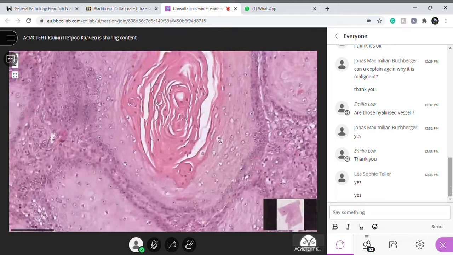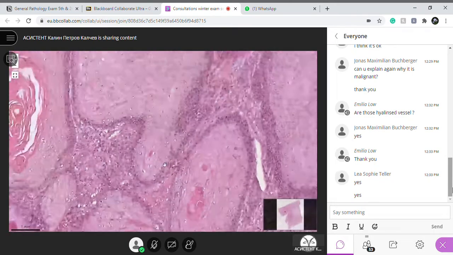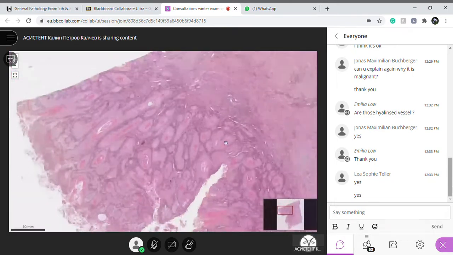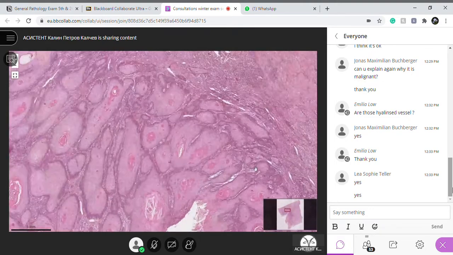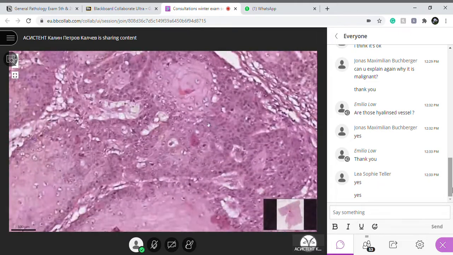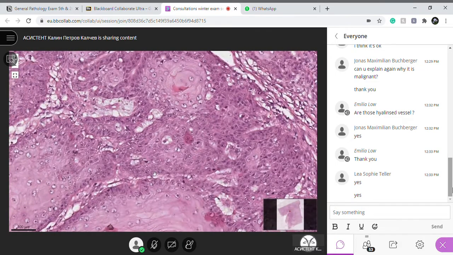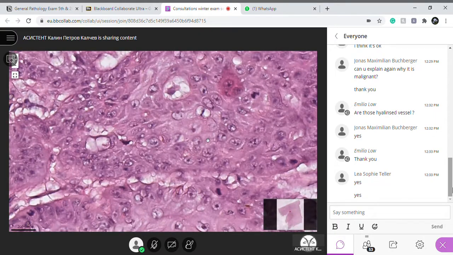And in some areas, especially at the bottom of the tumor, over here, you will see that the nuclear and cellular atypia is more prominent. Look here at the atypia. Some of the cells are small, some are big. There are some mitotic figures.